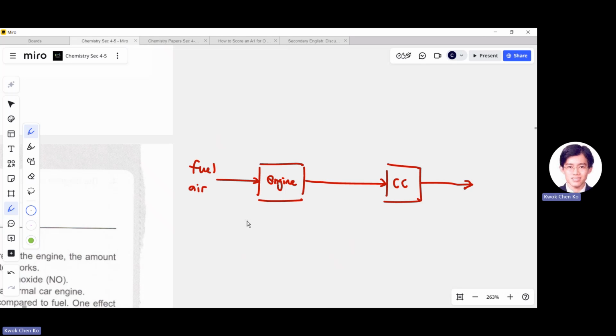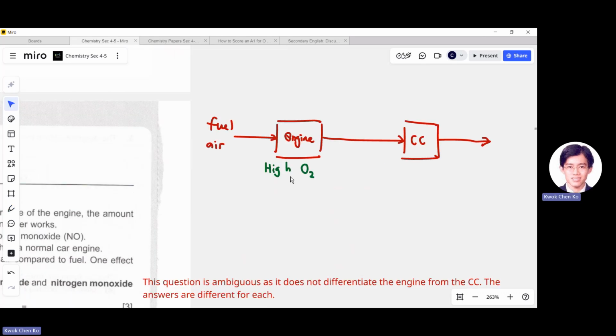All right, that is the tricky part. So first, let's go to the engine. I have lots of air, meaning I have lots of O2. Therefore, you can safely say that there is more complete combustion, or if you want, less incomplete combustion, try not to confuse yourself.